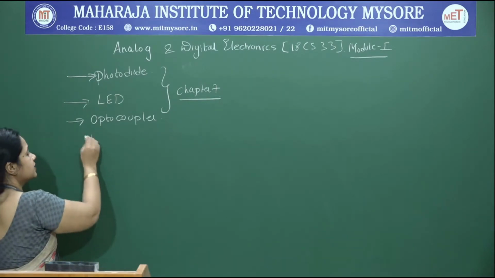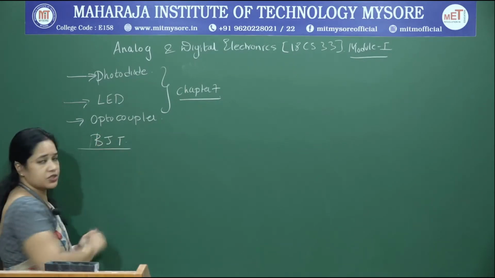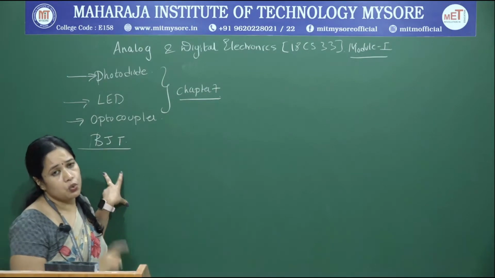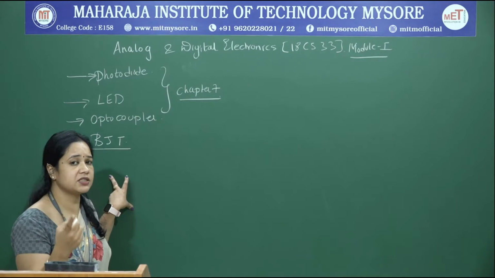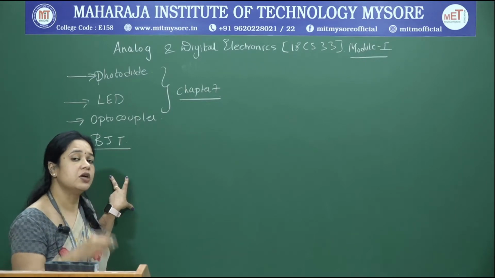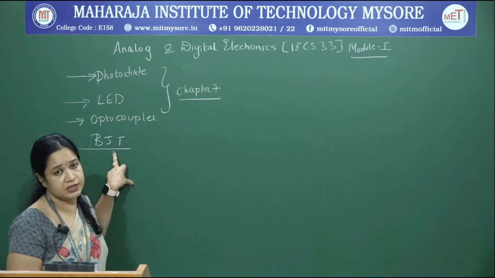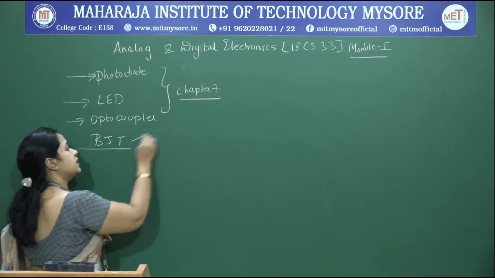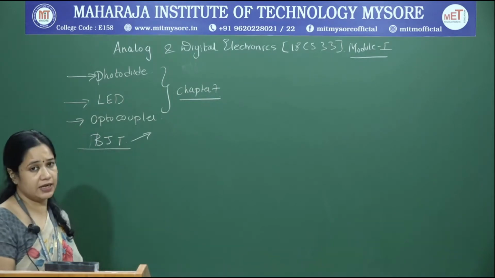bipolar junction transistor biasing. You know what a bipolar junction transistor is. We call them bipolar because both the charge carriers, that is electrons and holes, contribute to the flow of current in BJTs. We have 2 types of BJTs, if you can recall what you have already studied in your basic electronics.